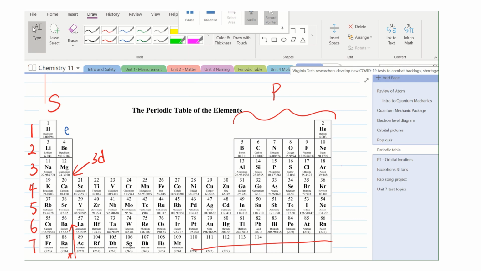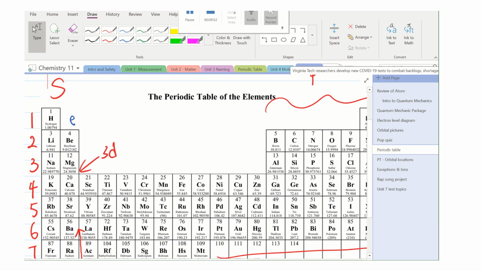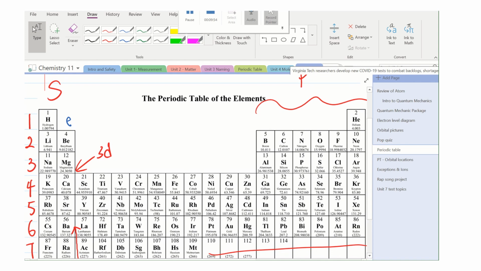So for example, I'm just going to randomly pick one, and we're just going to talk about the electron configuration verbally. Just say it out loud. Can you do it with me? Let's say copper. So let's do the electron configuration for copper.